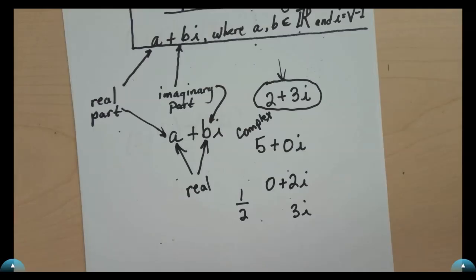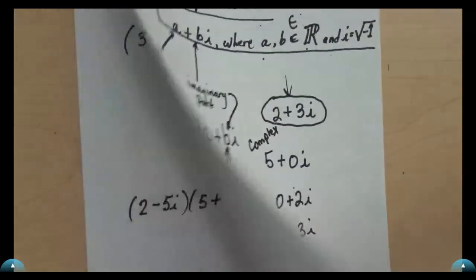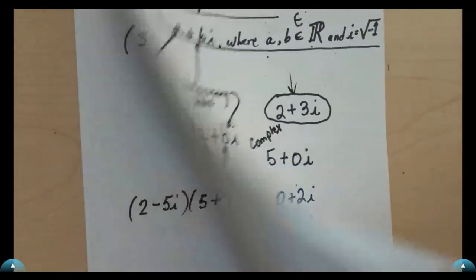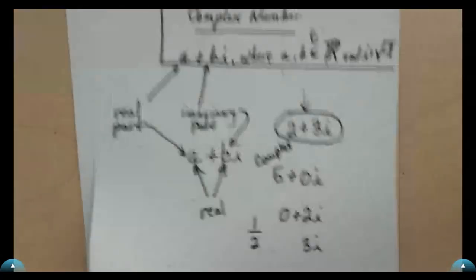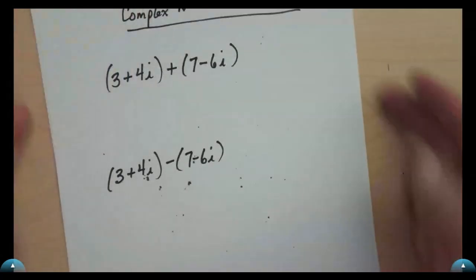You learned how to count and do basic arithmetic, right? How to add them, subtract them, multiply, divide. When you first learned about fractions, what's the first thing you had to do? You learned to add, subtract, multiply, divide. Well, now we learned about complex numbers. So what we want to do is learn how to add, subtract, multiply, and divide those numbers. And that's really what's going on in most of section 1.4.